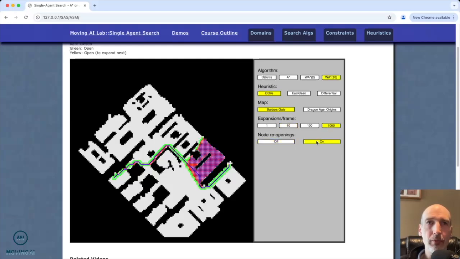If we turn it on, and turn it off, we get a slightly better path, but the number of node expansions is that we're doing a lot more node re-expansions to solve the problem with it on than with it off. So there's something we can explore here to try and understand what's going on. And there is another demo on the web page that shows the difference of how bad re-expansions can be for weighted A star if we have them on.